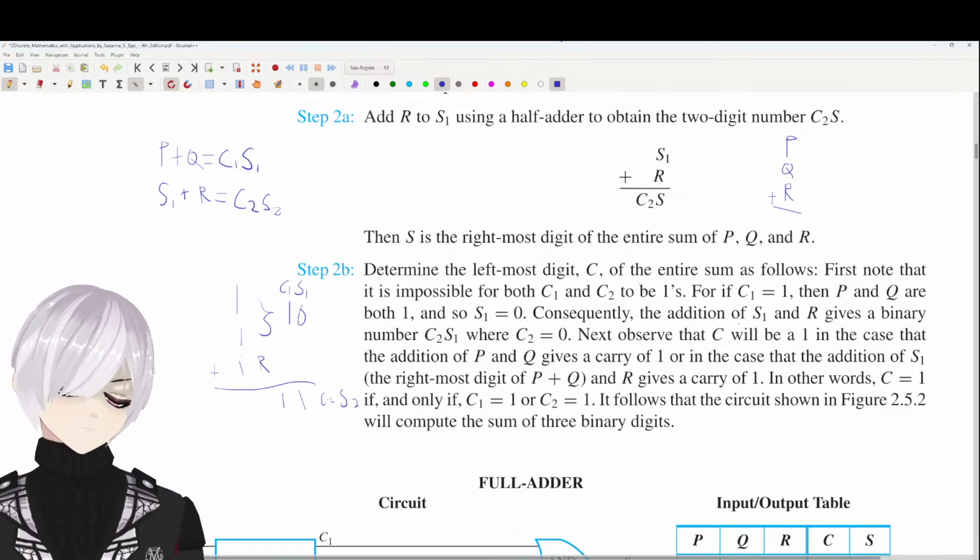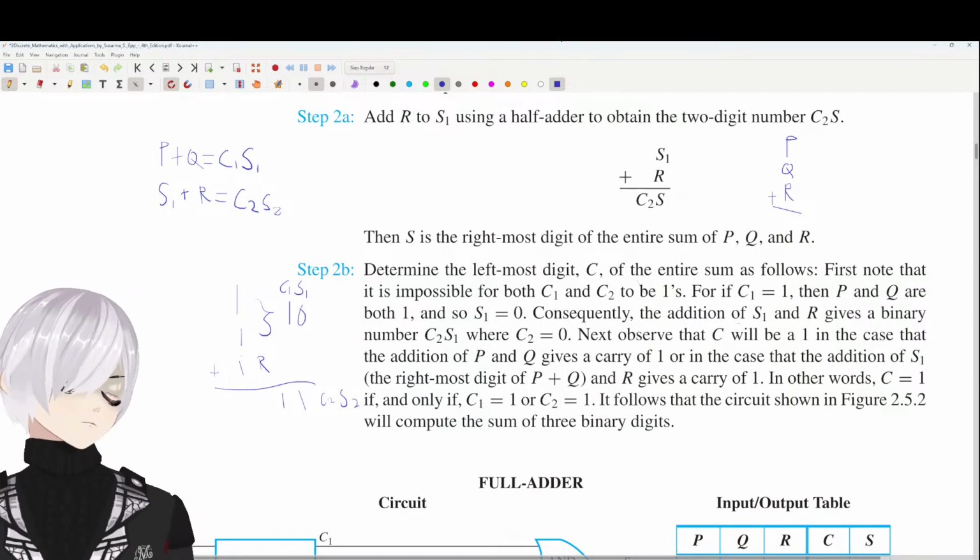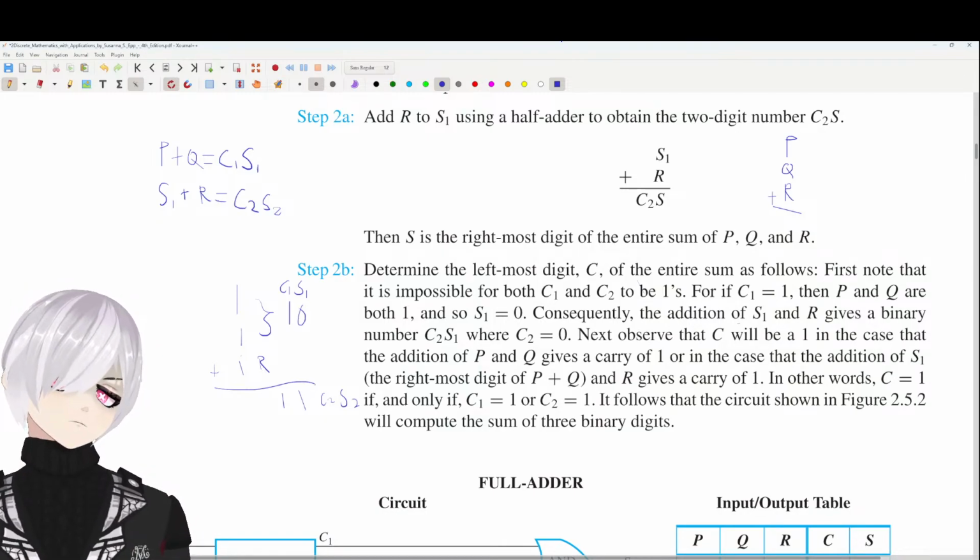Next, observe that C. Oh, and then there's another variable.